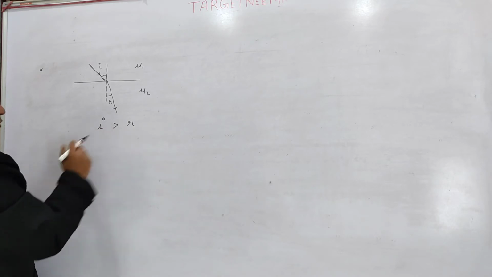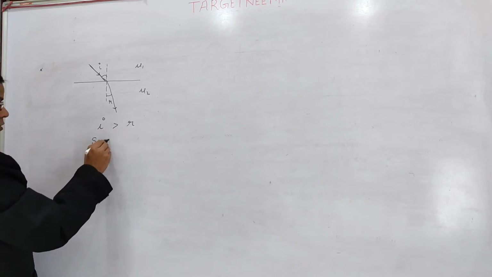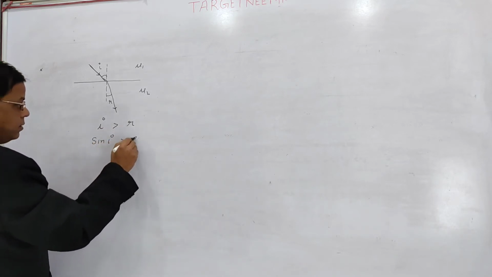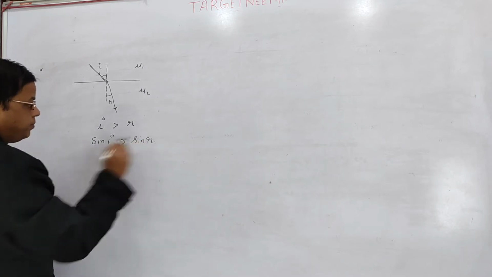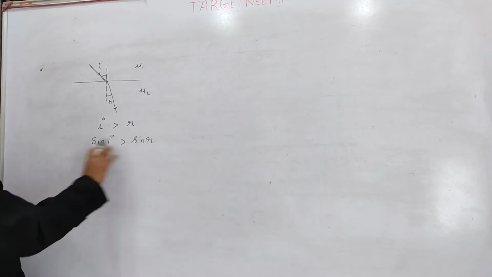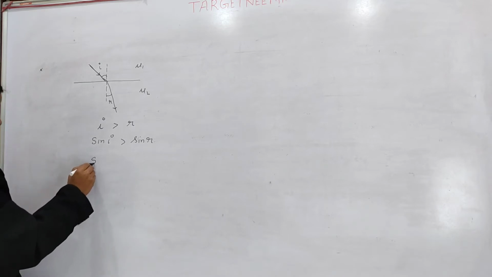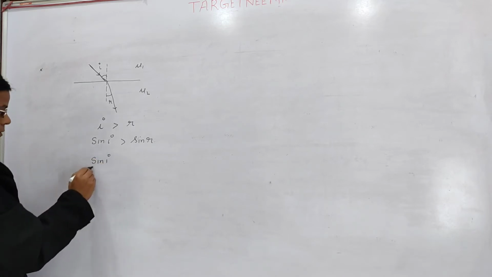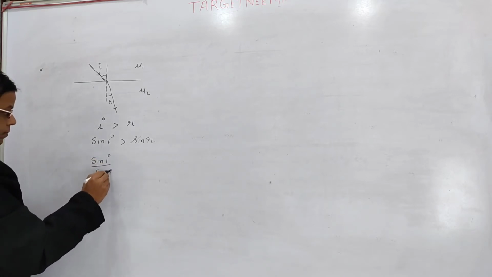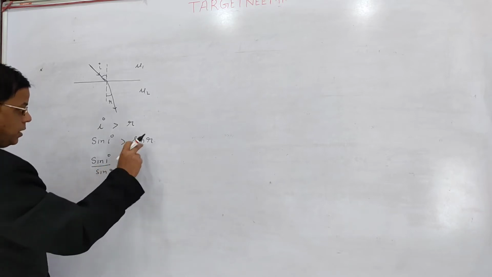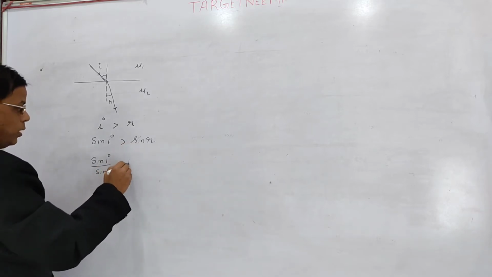Taking both sides sine, so it is sine I greater than sine R. Now dividing both sides by sine R, so sine I divided by sine R is greater than sine R upon sine R, which is 1.